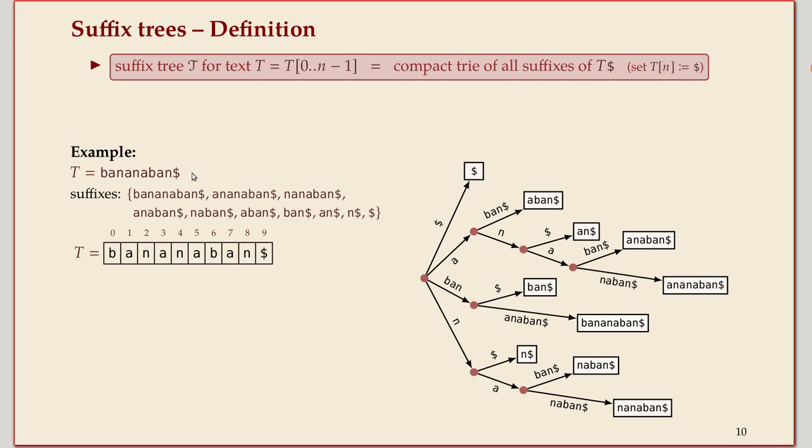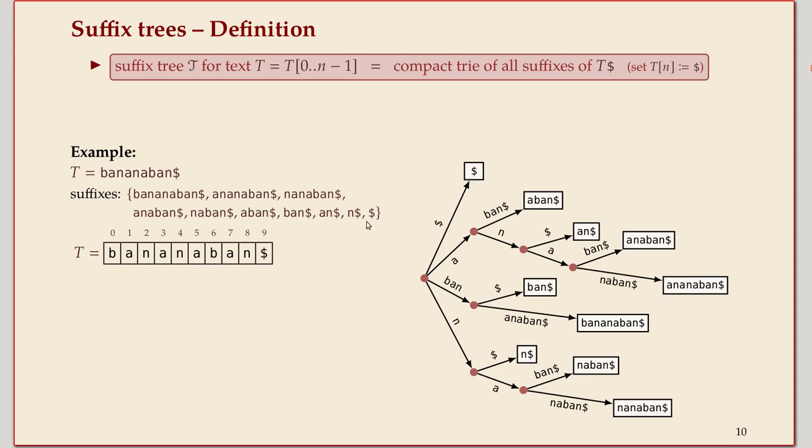In case you like bananas, I'm sorry. So it's a string of length 9 originally. It goes from 0 to 8, and then we add the dollar. One piece of information from that definition is we don't count the dollar in the length of the text. N is the length of the text without the dollar, but then we add it.